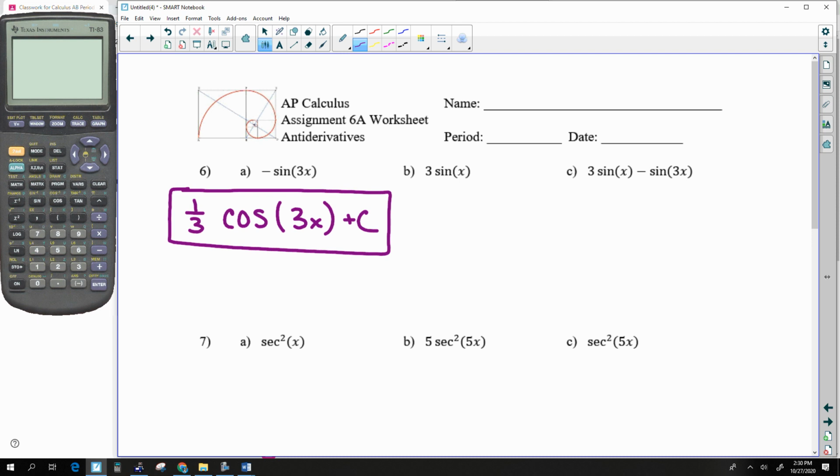So sine is going to go to negative cosine. There's a 3 there, so the 3 gets to hang around. Nothing moves it. So again, the derivative of that would be positive 3 sine x. There it is.